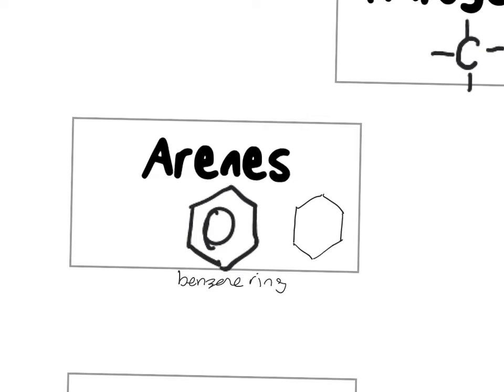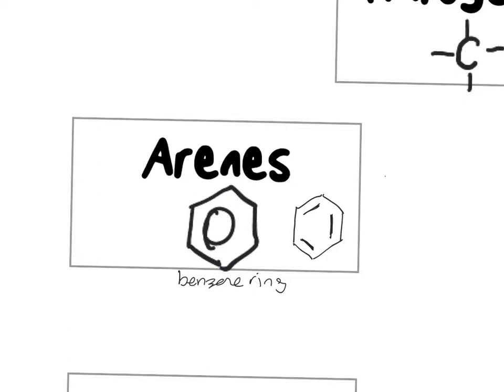So in some textbooks it's convenient to see that ring drawn as 3 double bonds, and depending on where the benzene ring is in the molecule is how you would name it.